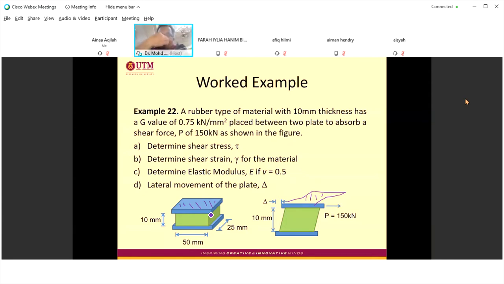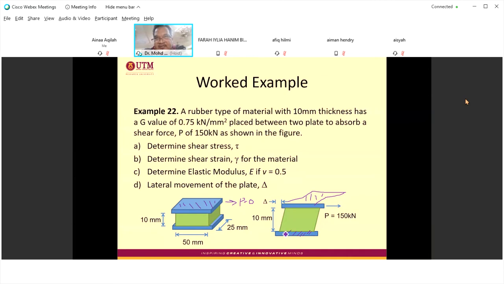So this is the initial stage when P equals 0. When P equals 150, this one cannot be moved because it is rigid. It is already glued, welded here.